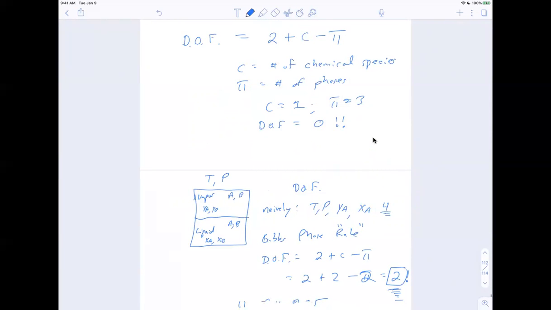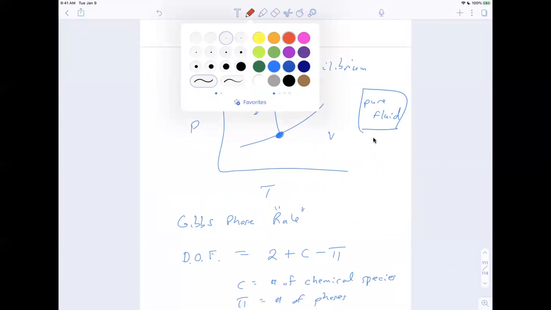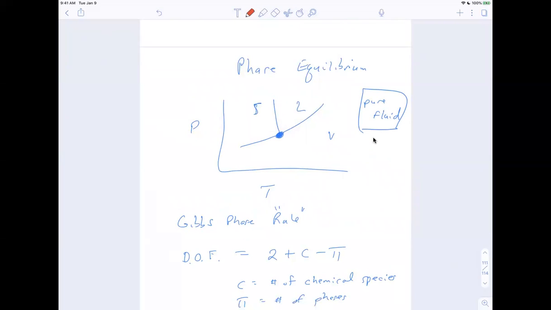Now I'm going to move on and go back to this phase diagram for a single system, for a pure fluid. And the question I want to ask, if there are no comments or discussions at the moment, is how to describe these lines. In these phase diagrams for pure fluids, you have these two-phase or coexistence lines, curves. We want to address how we would describe those.